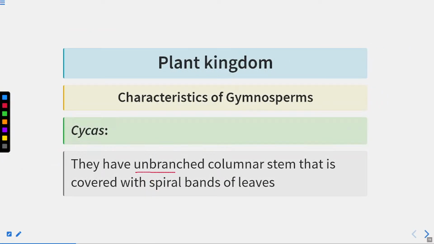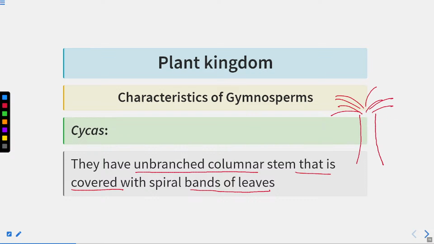They have an unbranched columnar stem that is covered with the spiral bands of the leaves. If we talk about the stem, this is the unbranched columnar stem you can see, and they have leaves arranged at the top like this. At this point you can see the scars are present.